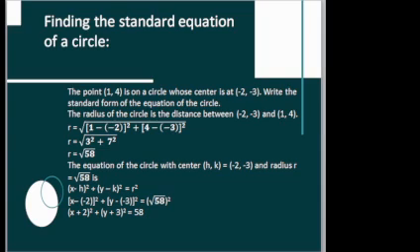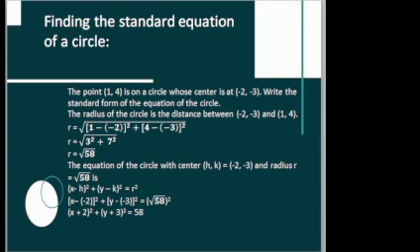So we have 4 minus negative 3 is 7 because 4 minus negative 3 is the same with 4 plus 3 and that is 7 squared. And 1 minus negative 2 is the same with 1 plus 2 and that is 3. So we have 3 squared is 9 plus 7 squared, that is 49. And 9 plus 49 is 58. So our radius here is the square root of 58.